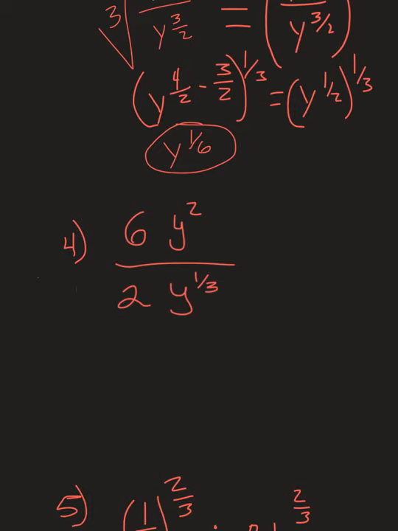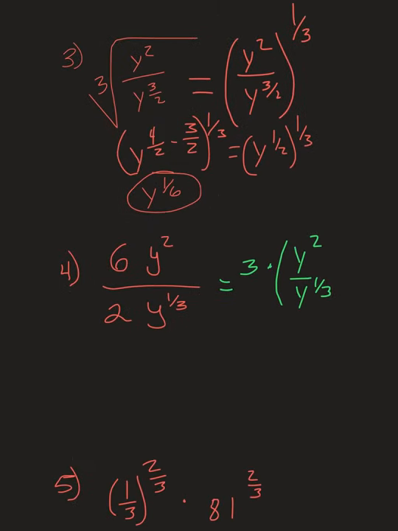We're going to do the coefficients first. Coefficients are pretty simple, right? 6 divided by 2 is 3, right? And then we're going to have 3 times y squared over y to the 1/3.